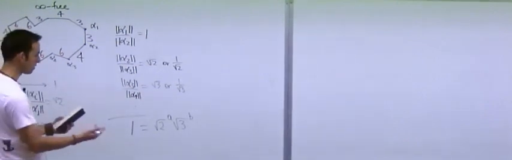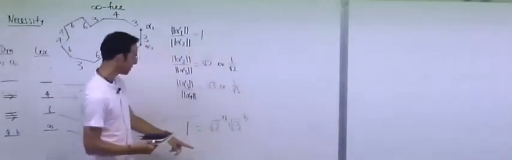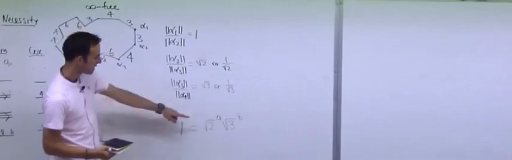But we know that square root of 2 and square root of 3 are irrational, and they're also independent from each other. So it must be the case, because a and b are integers, that both a and b are 0.